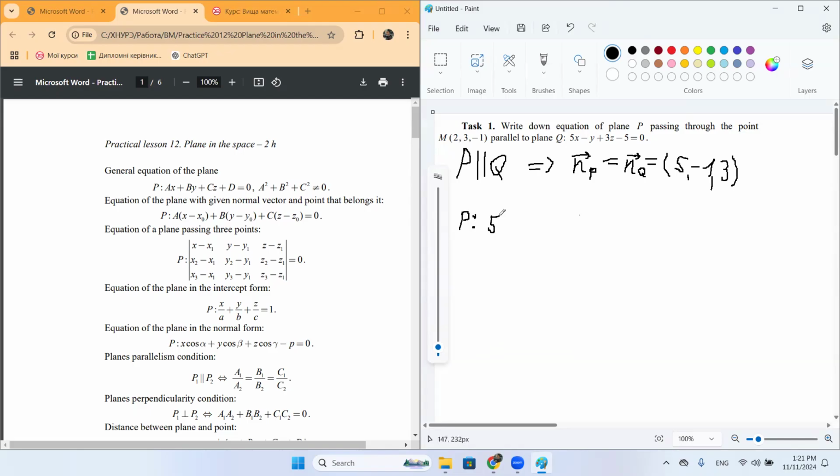So 5(x minus 2) minus (y minus 3) plus 3(z plus 1) equals 0. And if we expand brackets, we will receive a general equation of the plane.